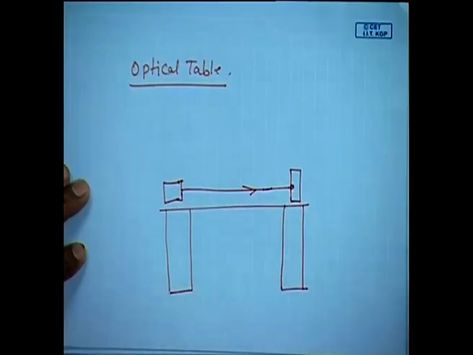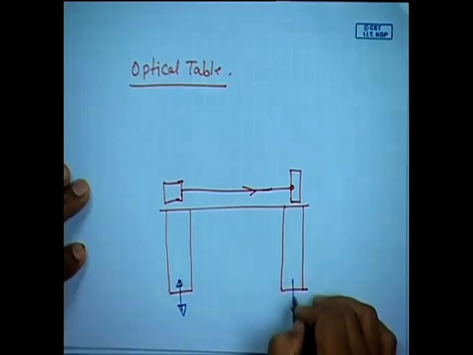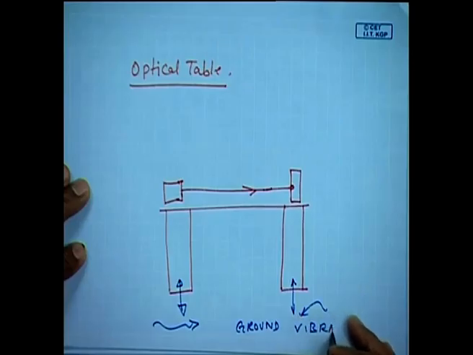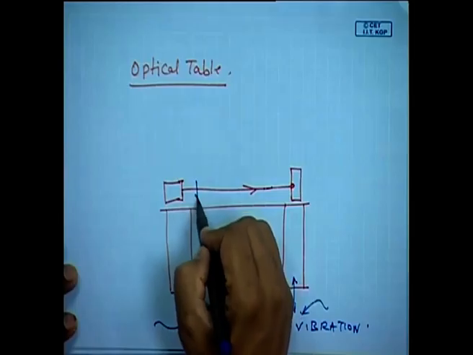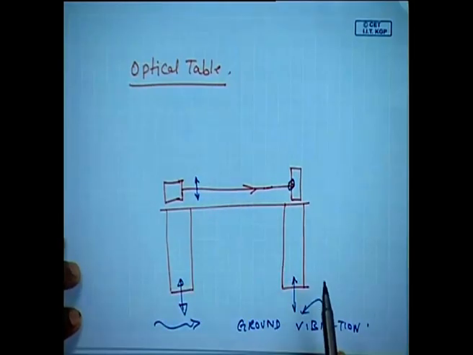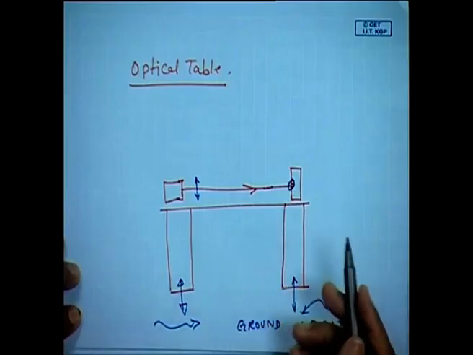If there is a small amount of oscillation because of certain ground vibration, then this source is also going to have a motion. So, I can never hit my target by laser beam.